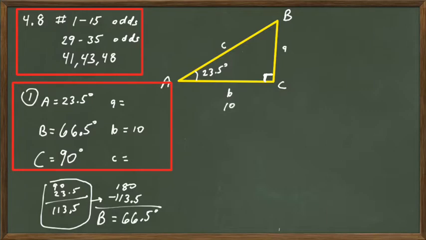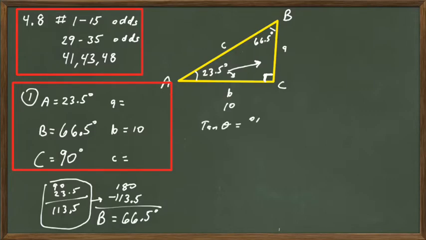And I know this angle B is 66.5 degrees up here. So, let's say I want to find A, and I'm going to use this angle. That's opposite, this is adjacent. That would be tangent.